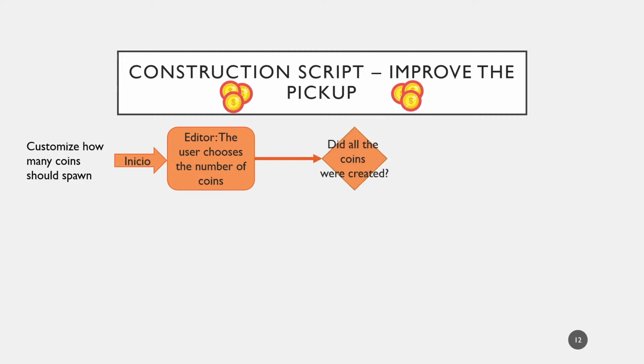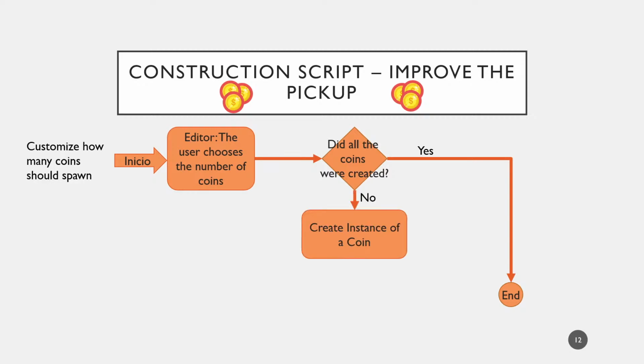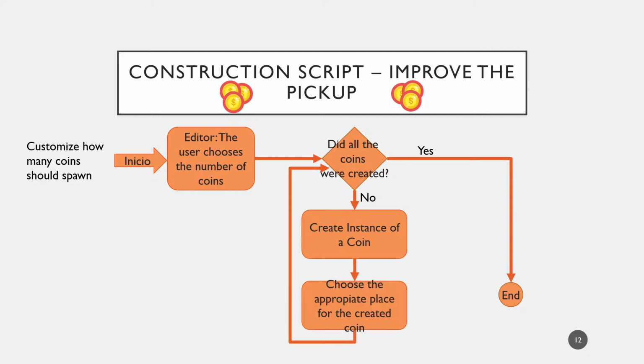Then ask if all the coins were created. Then we can end the script, but if we have not created all the coins that we need, we can create an instance of the coin, choose an appropriate place for the created coin, and do everything again. So it's a loop until all the coins are created.